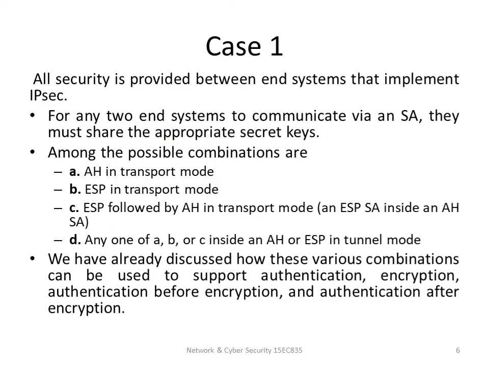In case 1, all security is provided between end systems that implement IPsec. For any two end systems to communicate via an SA, they must share the appropriate secret keys.